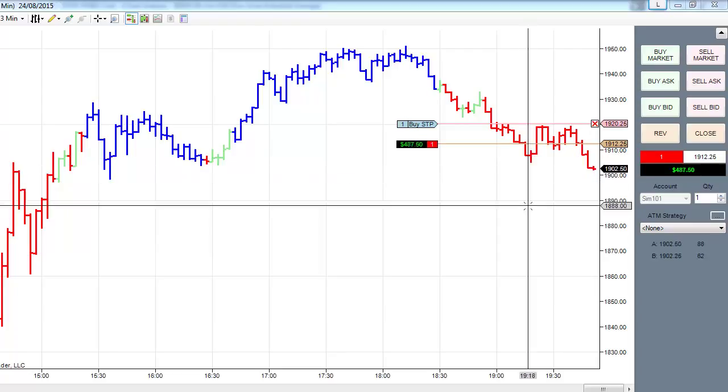Now, the trade's starting to move for us now, so it is. We're up $500 at this minute in time, and we will just let it play out and see what happens.